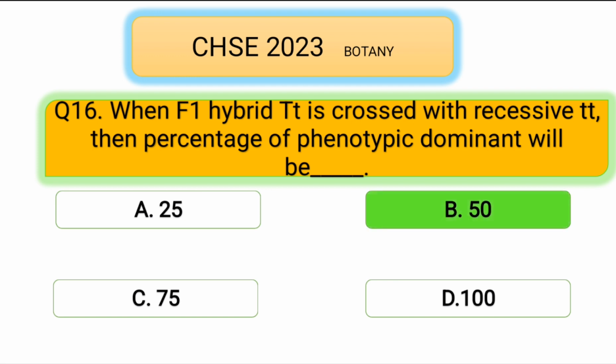If you do the cross, you will get capital T small t, capital T small t, small t small t, small t small t. That means 50% of individuals have the dominant character and 50% have the recessive character. You can see that here the F1 hybrid is crossed with a double recessive parent, isn't it? So it is a test cross.